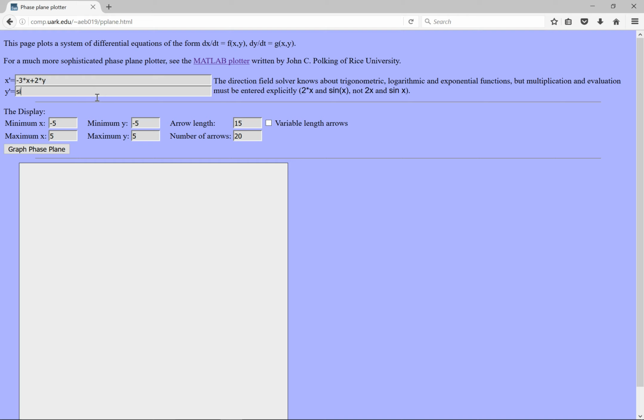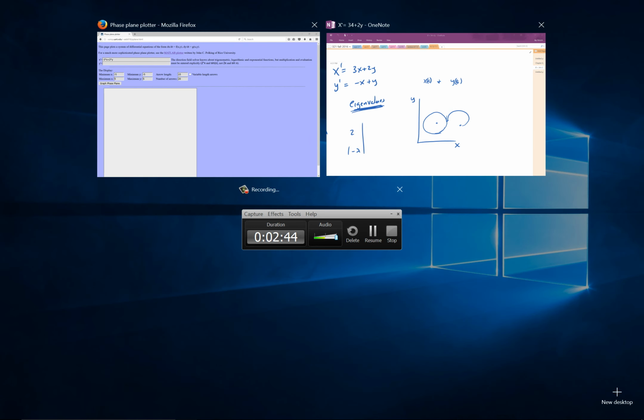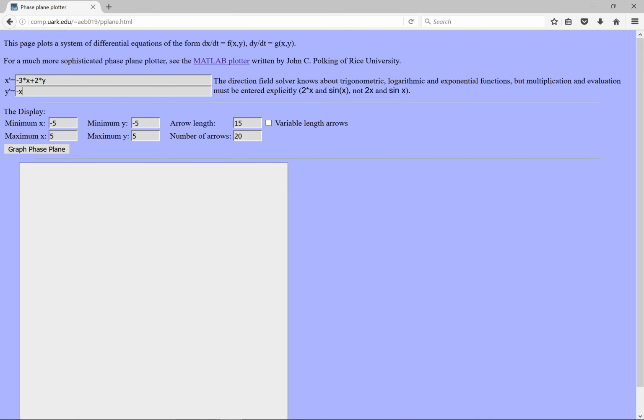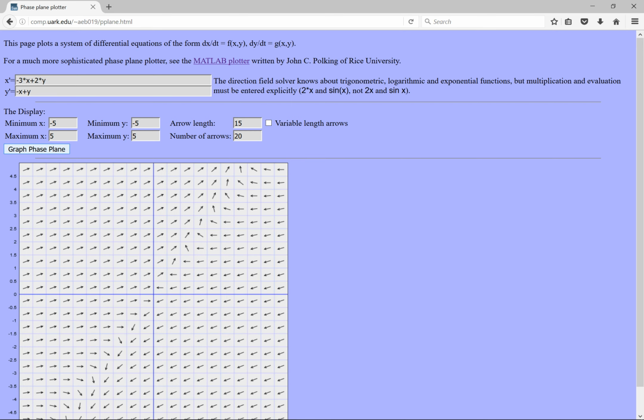And my y prime is negative x plus y. What? Weird. What's going on here?